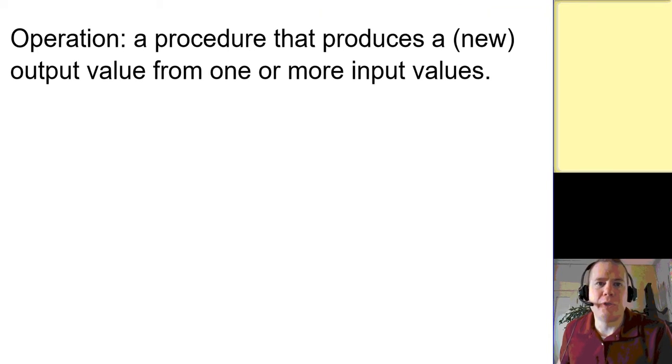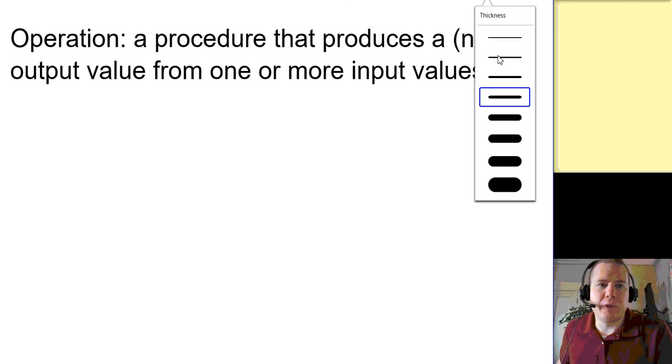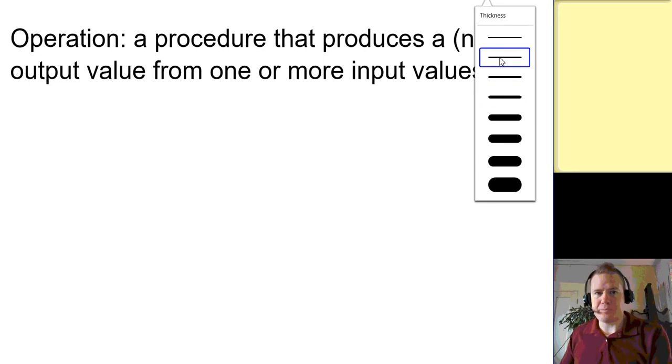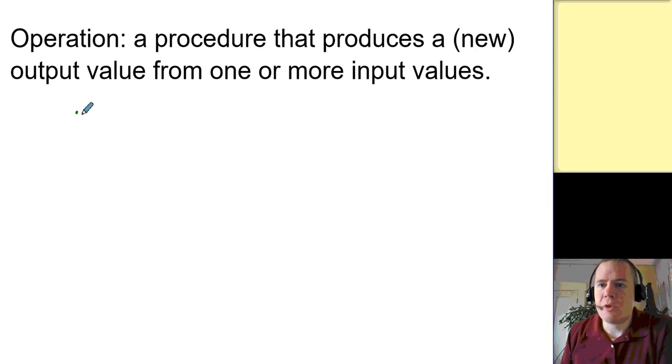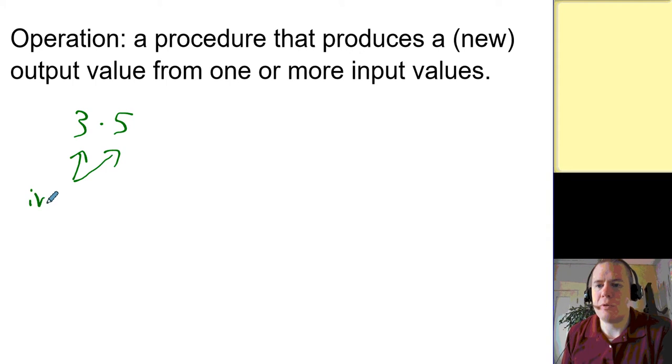So if we get an example here, 3 times 5. Here are my input values. Three times 5 is 15. That's my output value.